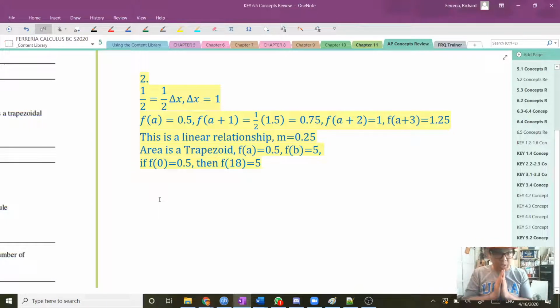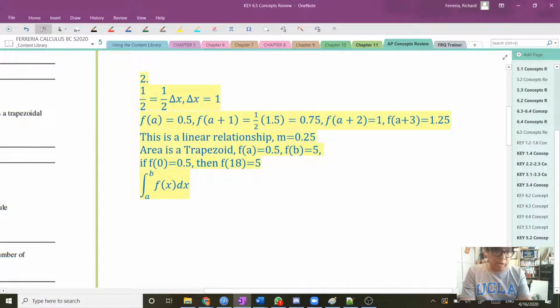If you started counting at 2, for example, you would get to 5 at f of 20. So because this is a trapezoid, the area of it is preserved as you shift it from left to right. So we'll just use 0 to 18 as our trapezoid because it's really convenient.